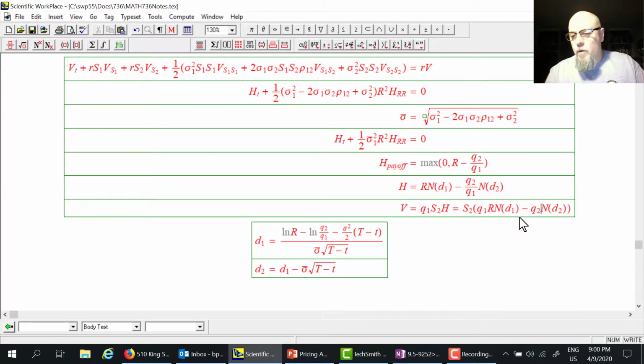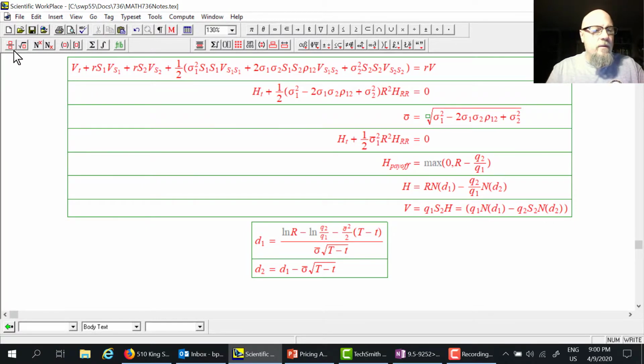Oh, and since we're multiplying, R is S1 over S2. So when I multiply the S2 through, it's going to cancel that S2 off the bottom and just make this S1.